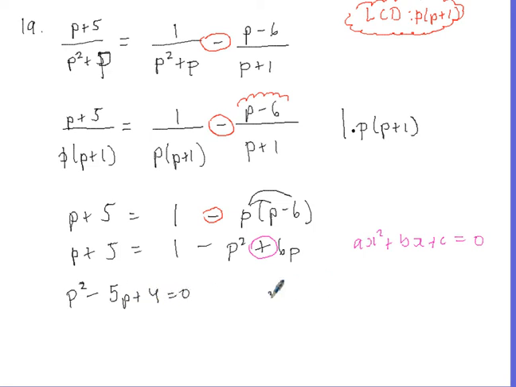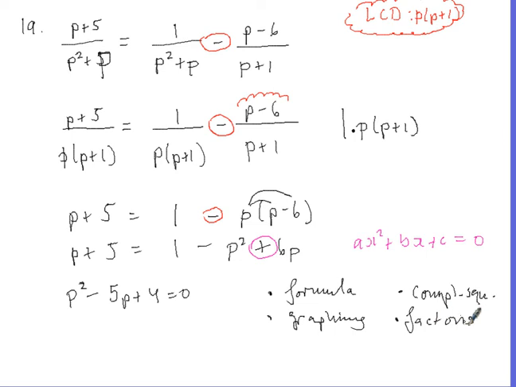And now you can use your favorite method, formula, or graphing with your calculator, or completing the square. Or, don't forget factorizing. If it factorizes easily, then this will be the quickest option probably. If it doesn't factorize easily, well, you're a bit unlucky, then you'll have to try other things.